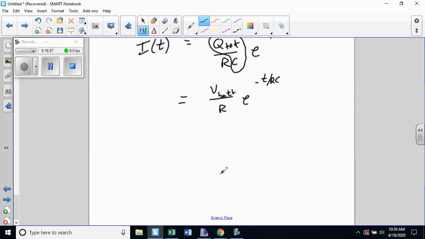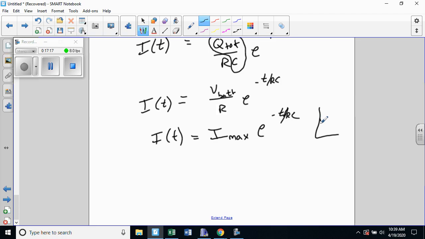But when the voltage of the battery is on the resistor, that would be the maximum current. So here our current as a function of time is some maximum current, which is when all the voltage is on the resistor. So I max times e to the minus t over RC. So this would be an exponential decay starting at V over R.